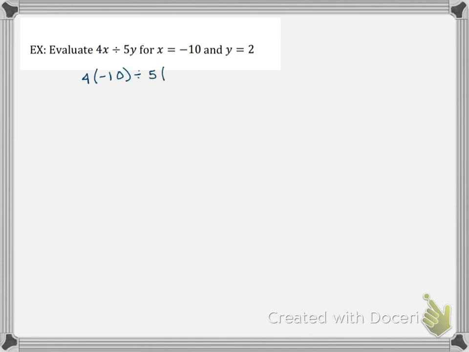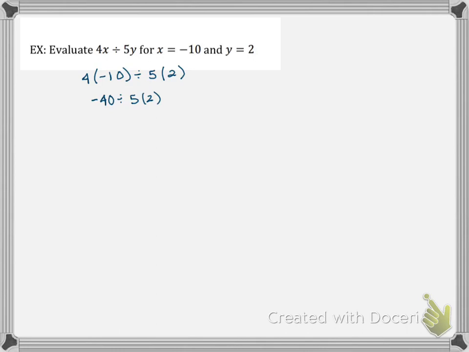5 times 2. What should we do first? What operation did we just do, in order of operations? Multiplication, right? It's tempting to see those parentheses and think you're doing the parentheses step, right?